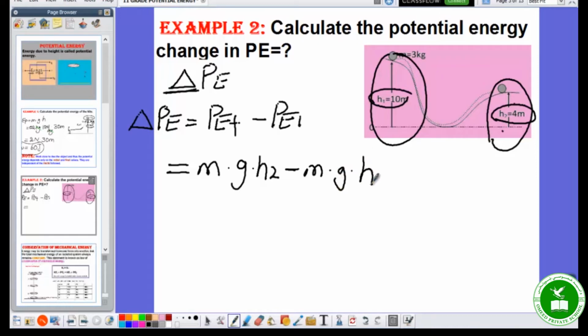Why h1? Because initially the object was here at this height, so the initial energy will be due to this height.